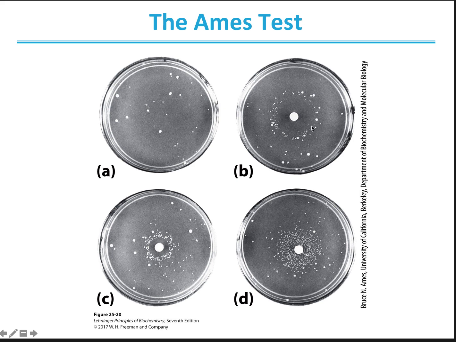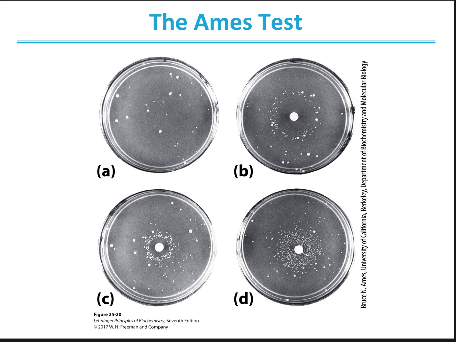In the highest concentration you get a cell-free zone, because at very high concentrations the mutagen is lethal to the cells. As you look at the area further away from that disc, you start to get the appearance of colonies that are able to grow. In the presence of lower concentrations of the mutagen, you now see large numbers of colonies that are able to grow.